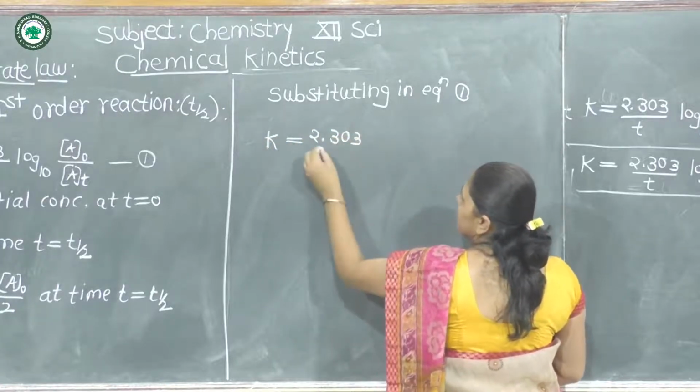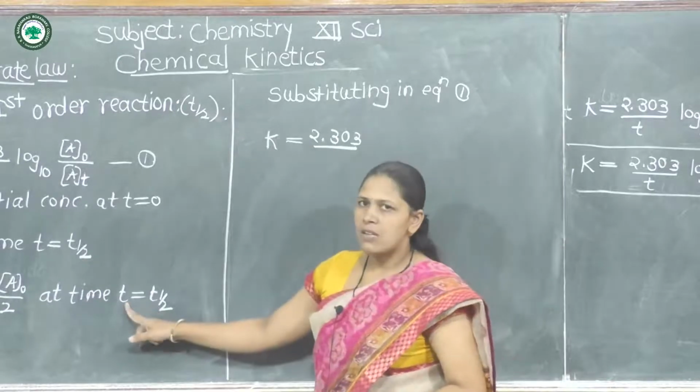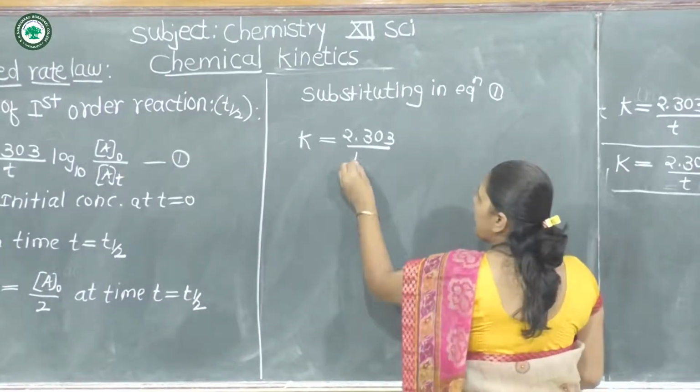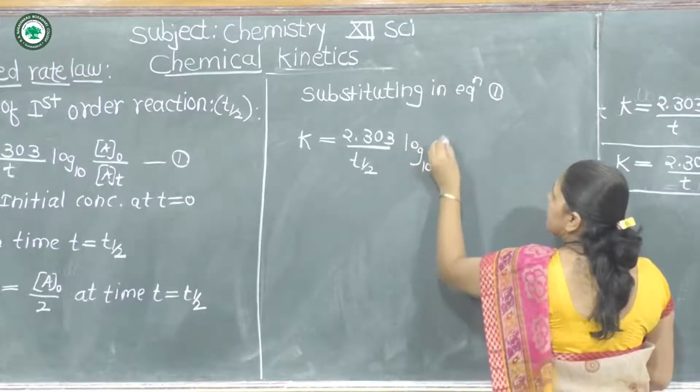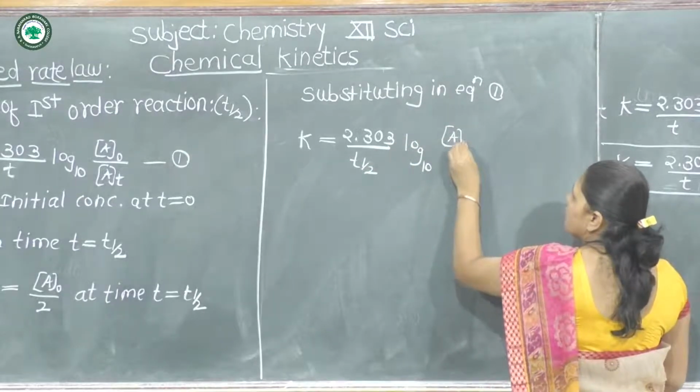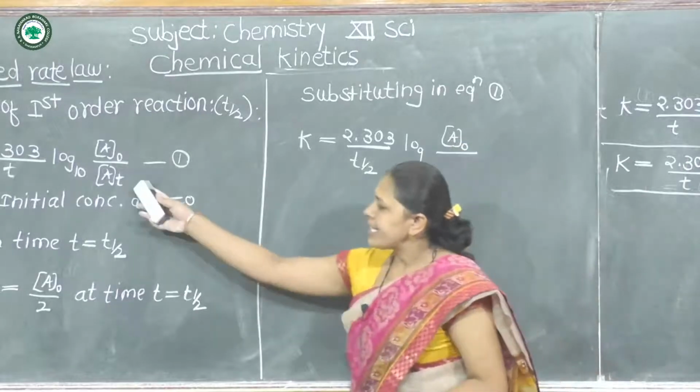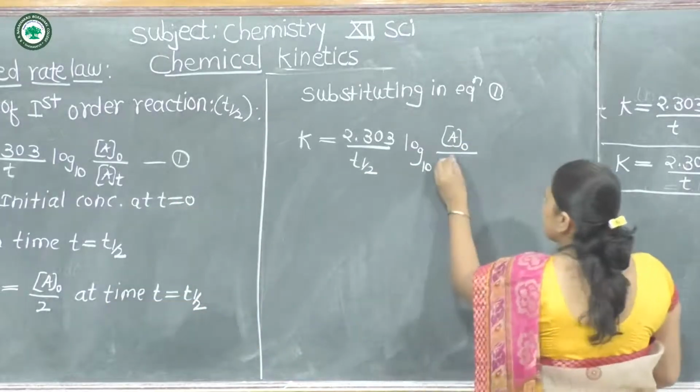2.303. What is the value of t? t is equal to t half, log to the base 10 A0. What is the value of At? At is equal to A0 by 2.